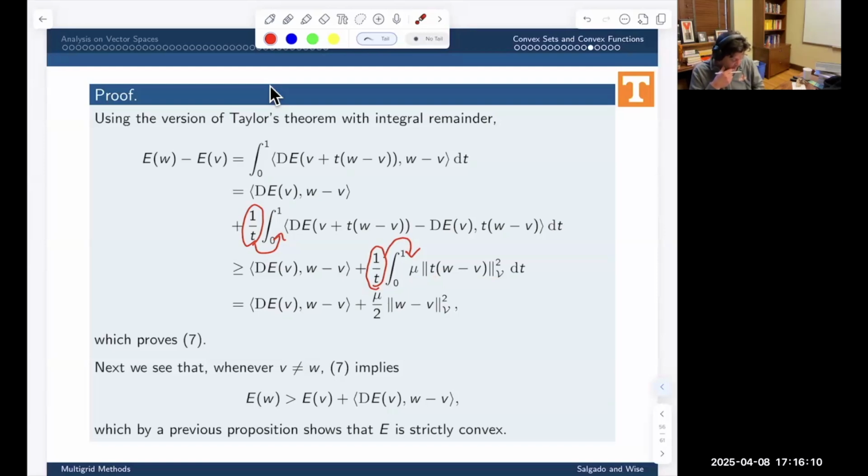So why do I get a t to the 1/2 power there? Or sorry, where's this 1/2 coming from? Let's see. Well, I'm integrating from 0 to 1, the constant function 1. So that gives me just t.